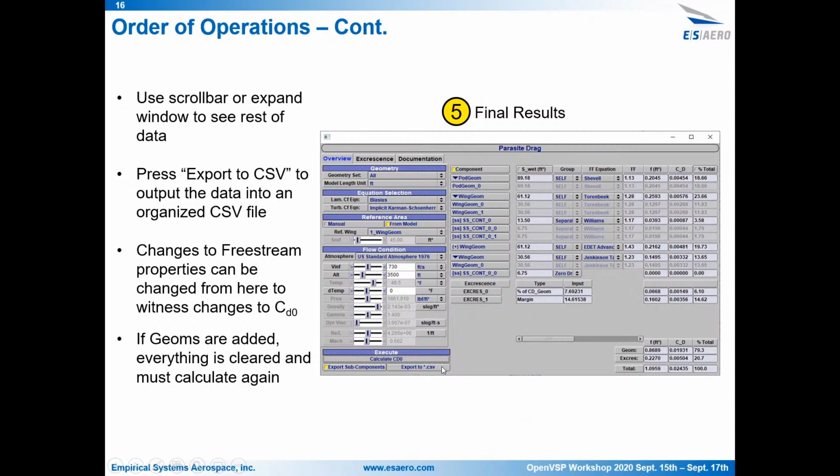But if you do change geometry, like changing the wingspan or changing a pod length, you'll need to rerun calc CDO, so it can rerun CompGeom and get new wetted areas. Some stuff you can change on the fly without having to rerun CompGeom, but sometimes you will need to. The safe result is to just quickly calculate CDO, just to make sure you've captured everything that you do want.